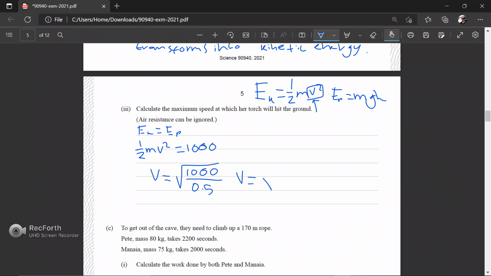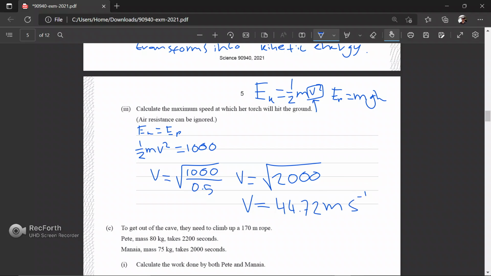And then v equals the square root of 2,000, and then v equals 44.72 meters per second.